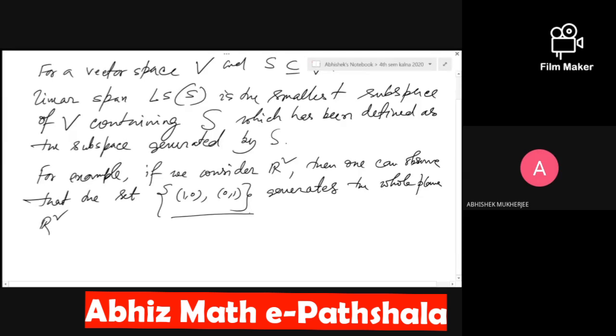In a similar way, if we go to higher dimensional spaces, R3, R4, although I have not defined dimension yet, whenever I say it is of dimension 3, that means it is R3.